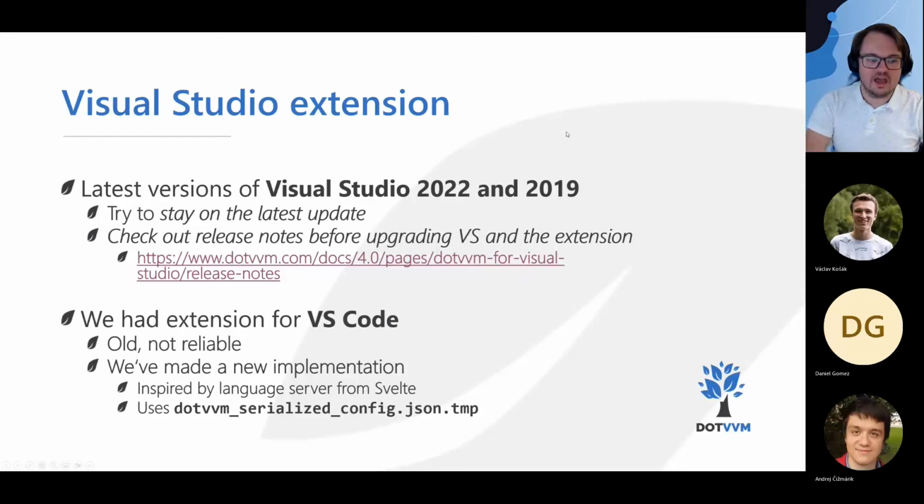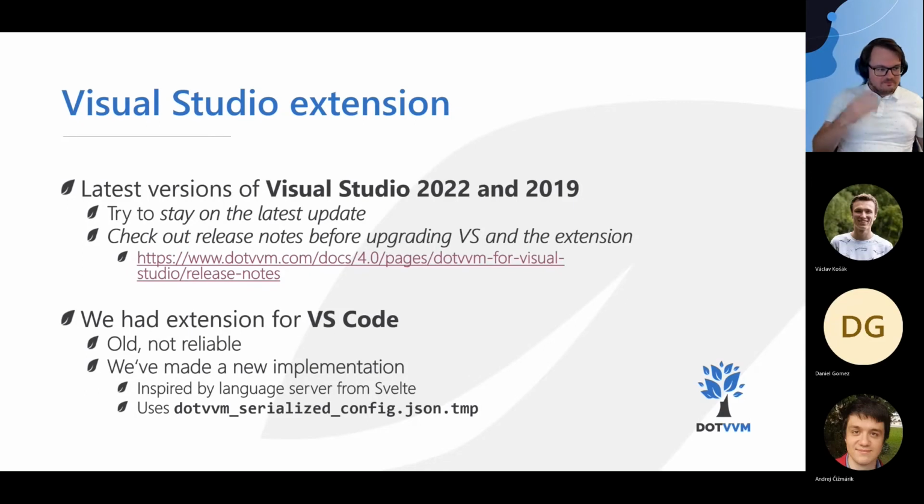For VS Code, we had an extension which was created like 4 or 5 years ago, but it wasn't very reliable. It couldn't detect a lot of controls which are available in your markup, so the IntelliSense wasn't complete, and we decided to start from scratch and make a new implementation.